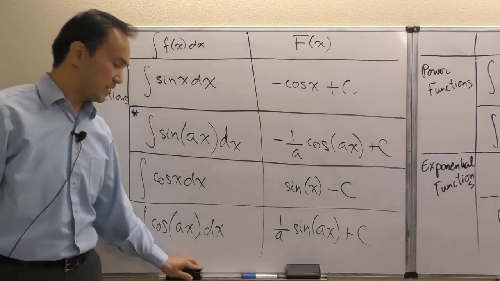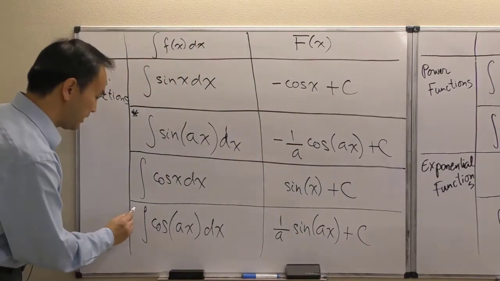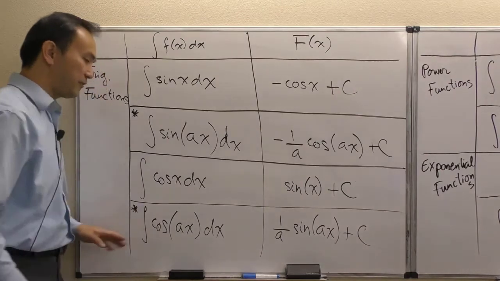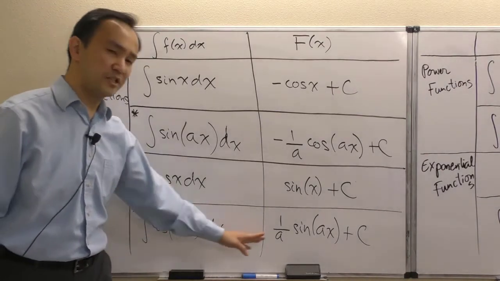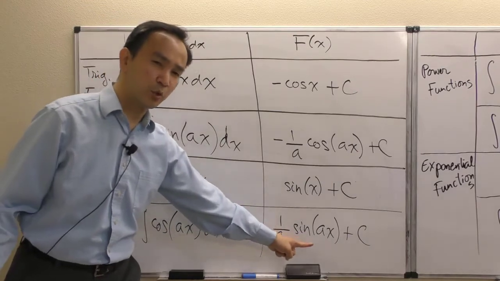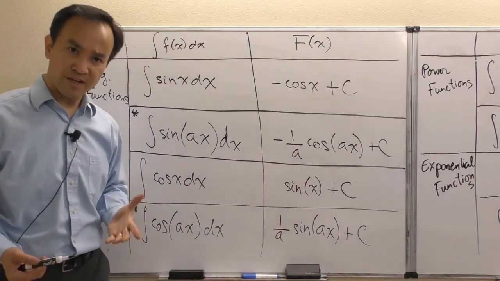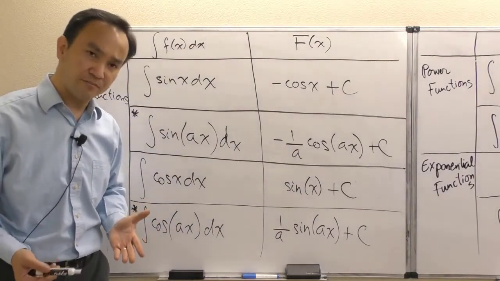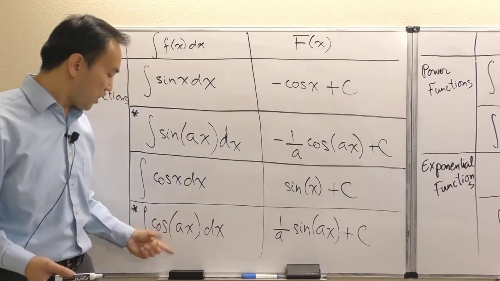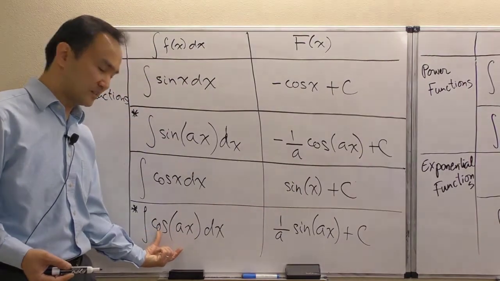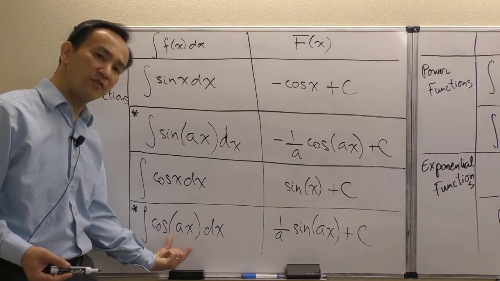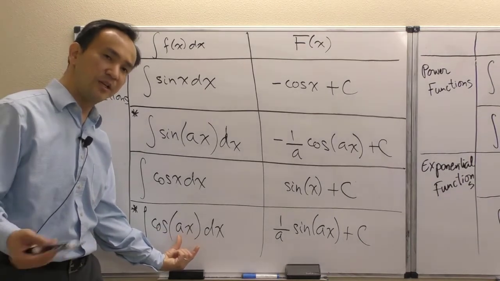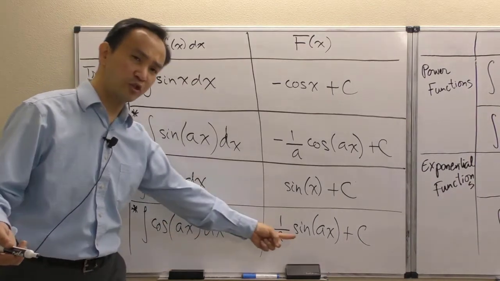Now, as I suggest, you can also quickly verify my result by taking the derivative. Because as I keep saying, the antiderivative means we're looking for which function has this cosine of ax as its derivative, and I just now told you the answer.